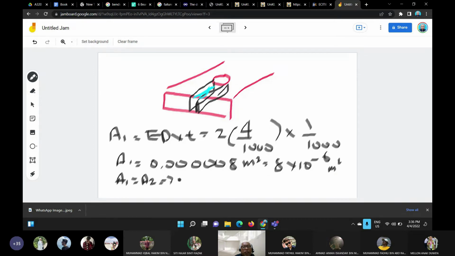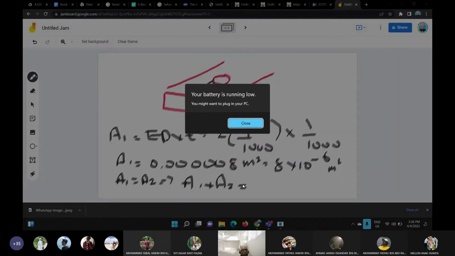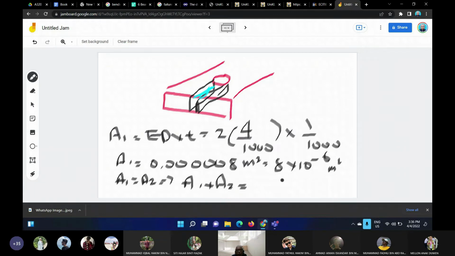So the total area will be A1 plus A2, which is what?